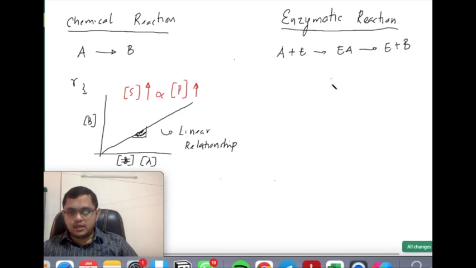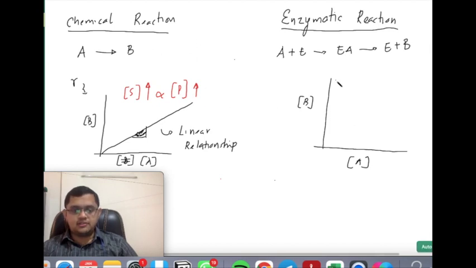So if I am drawing a graph between the same A versus B, same like this. Both reactions are the same, the only difference is that here there is an involvement of an enzyme. So what I am expecting is, the scientists who first investigated enzymatic reactions were expecting a similar type of curve like a chemical reaction, a non-enzymatic reaction.